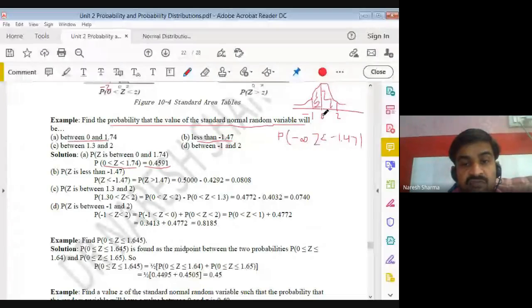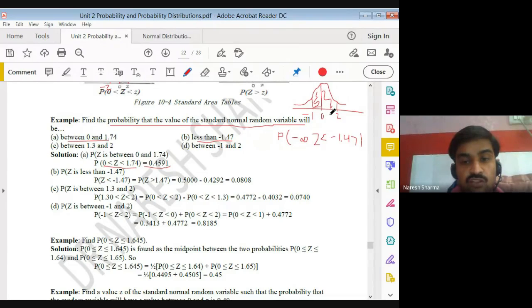So -1 to 0, we know that as this is a symmetric curve, so -1 to 0 should be the same as 0 to 1. So for this, we need to add two probabilities. One is -1 to 0 plus 0 to 2. So we write this into two parts, that is probability from -1 to 0 plus probability 0 to 2.